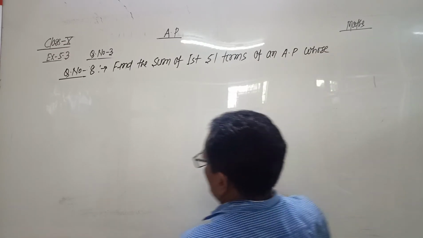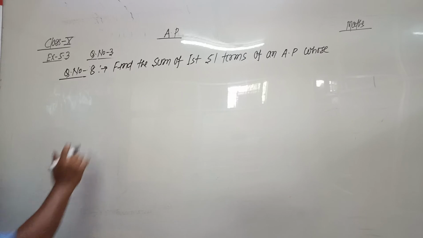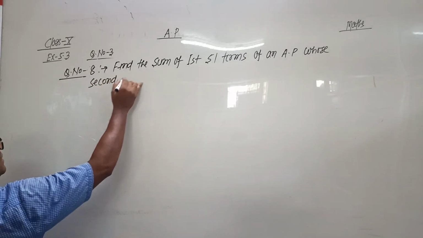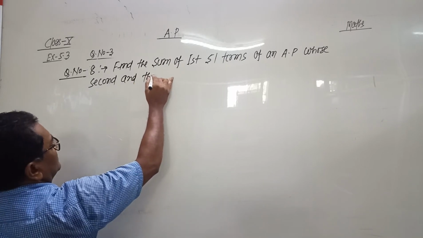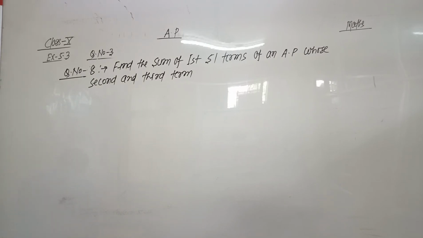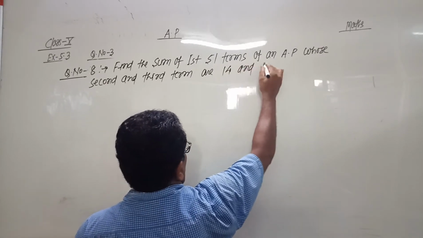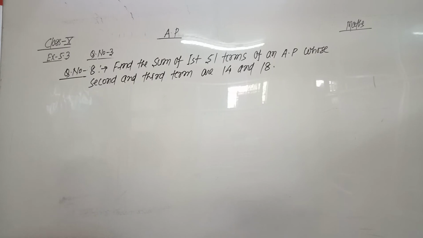We have to find the sum of first 51 terms of an AP, whose second term and third term are respectively 14 and 18.